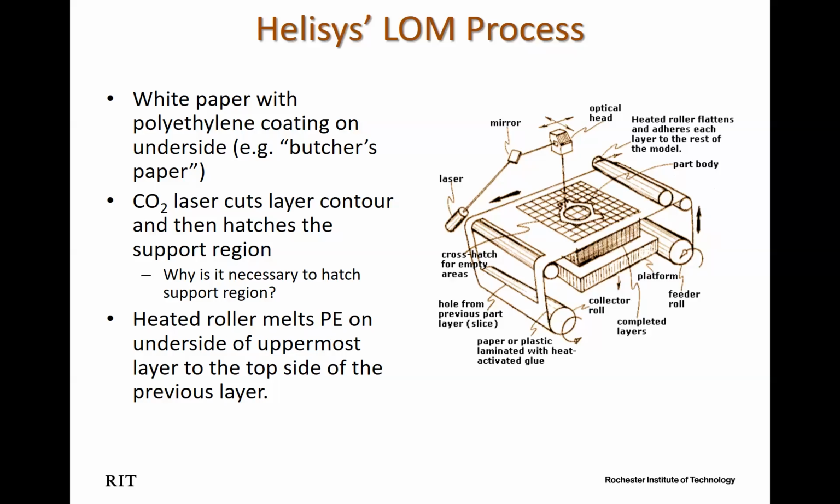There's a question: why is the support region hatched, right? The reason is that after the print, you want to remove those support regions, and if the support regions are not hatched, then it's really difficult to remove them.